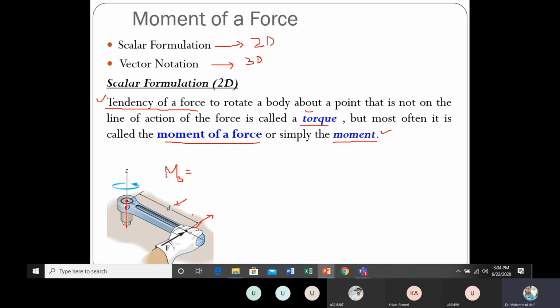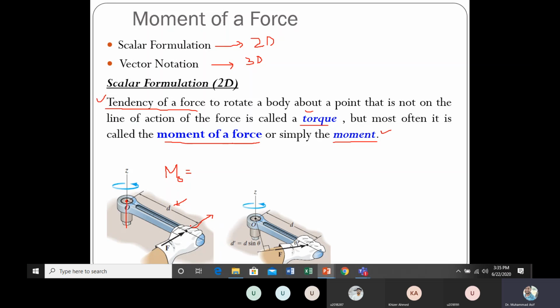So the moment arm is very important. The moment is always produced between the moment arm and the line of action of the force. In order to produce the maximum moment, the moment arm and the line of action of the force should be at 90 degrees, or perpendicular, to each other.